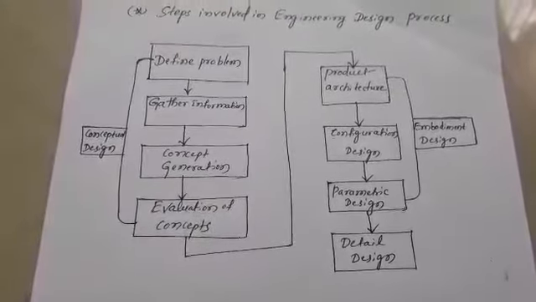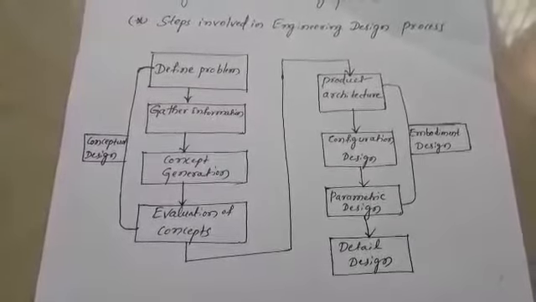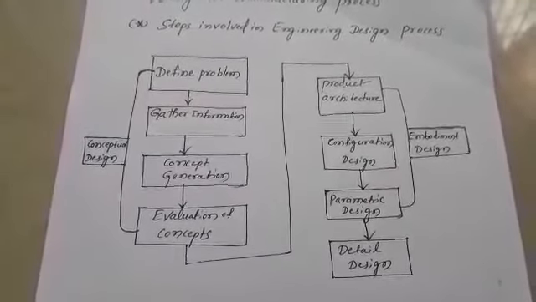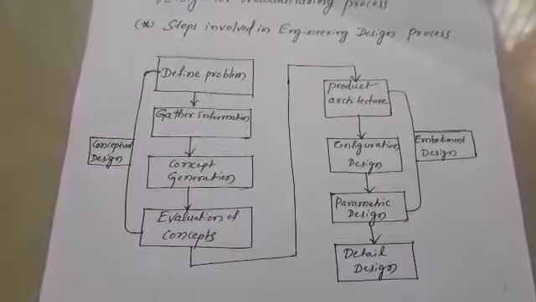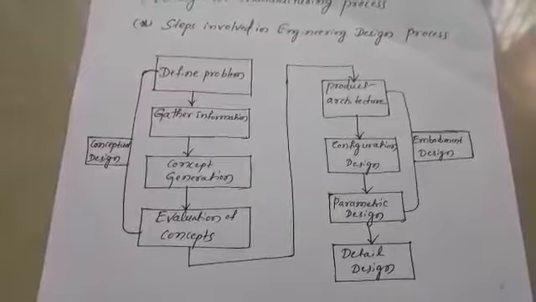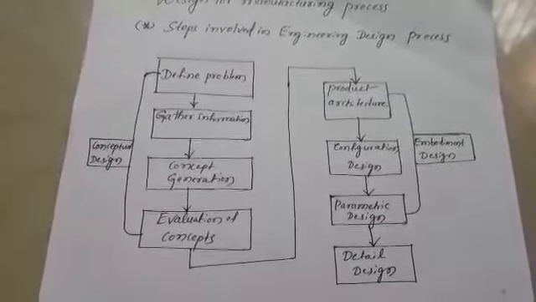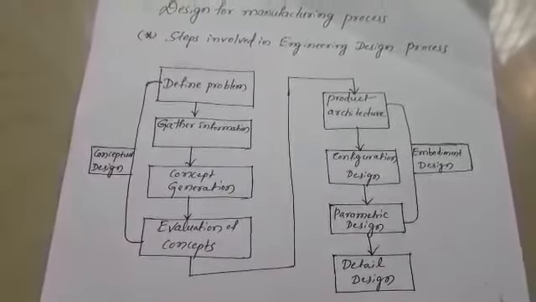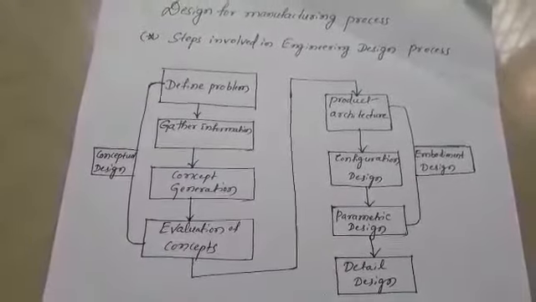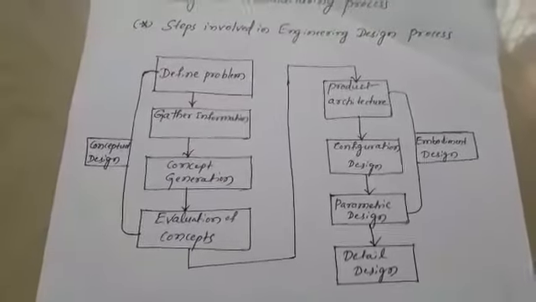In this step, we determine all the features that are required for various parts or components, and second, how these features are arranged in space relative to each other. That we have to do in the configuration design.